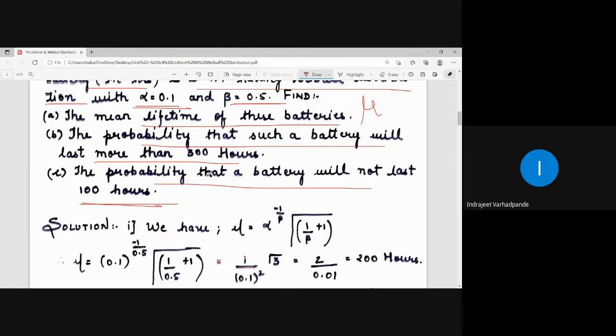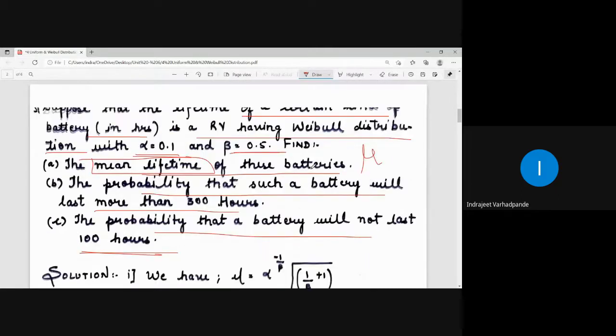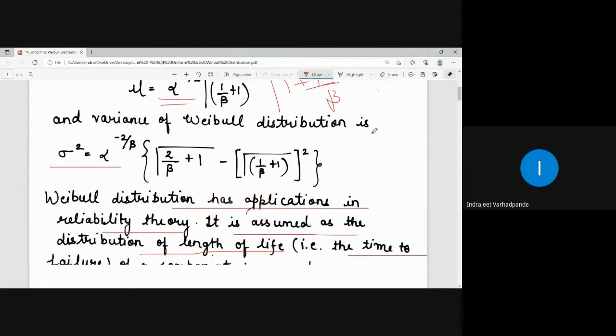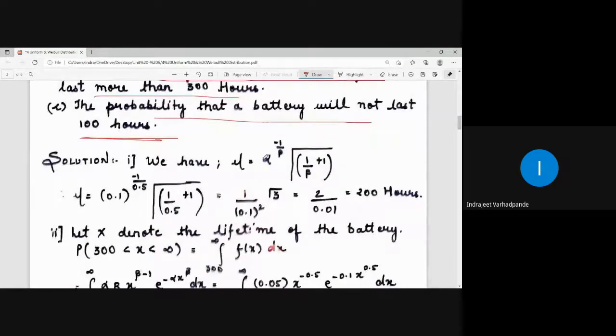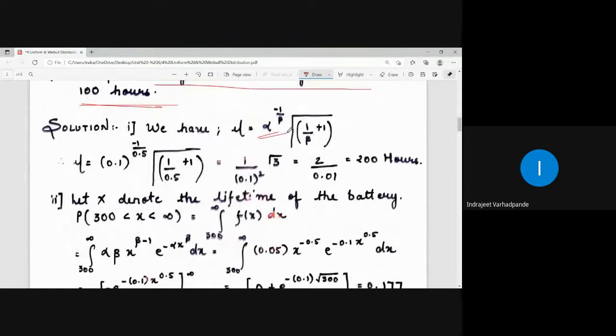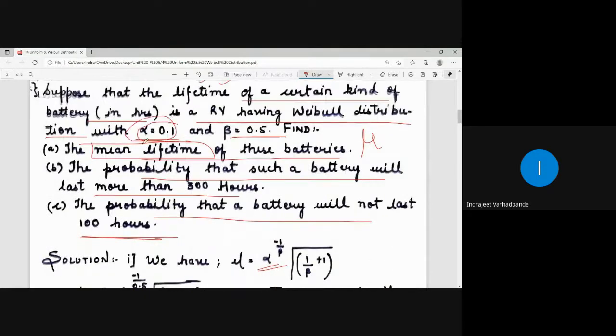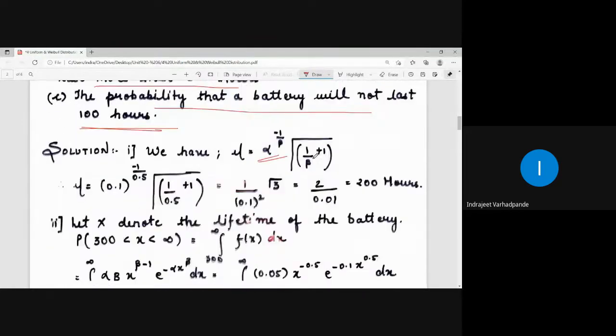So as per the requirement, the very first quantity I have to calculate is the mean lifetime of the batteries. What is the formula for the mean? Mean mu is alpha to the power minus 1 by beta gamma of 1 plus 1 upon beta. In the problem itself, they have given the value of alpha as 0.1, and the value of beta as 0.5.